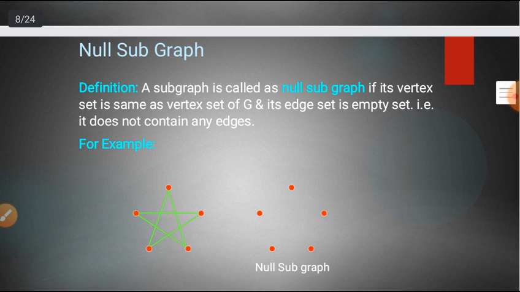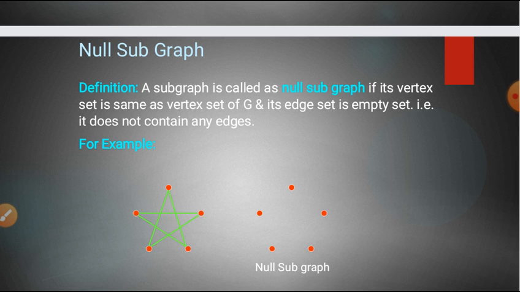Now one term we use is the null subgraph. What is a null subgraph? See the definition. A subgraph is called a null subgraph if its vertex set is the same as the vertex set of G and its edge set is the empty set.